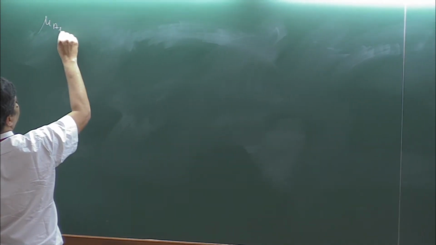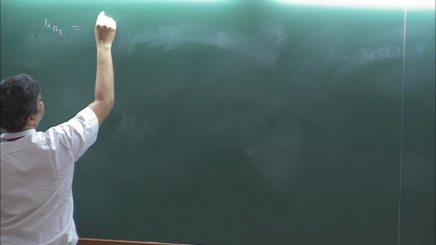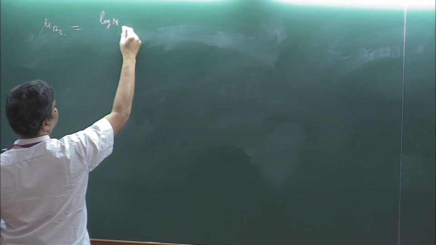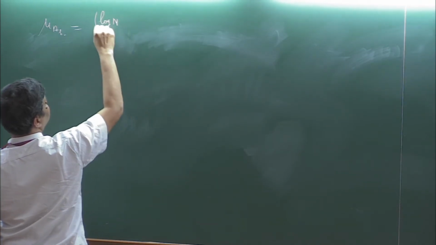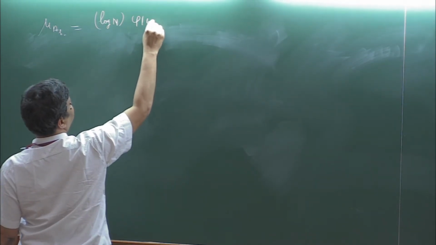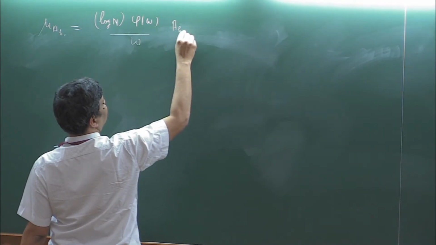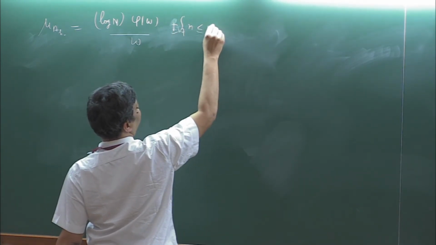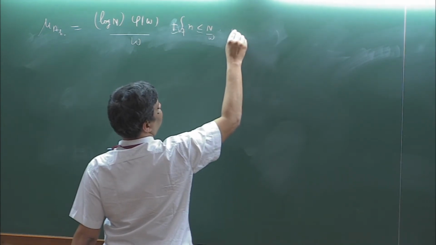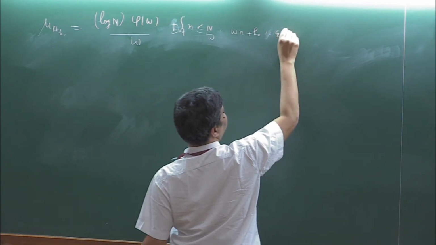The function which we are interested in is this mu_{A,b_0}, which could be rewritten as (φ(W)/W) log n times a_{b_0}, and this a_{b_0} was the indicator function of n less than or equal to N/W such that Wn + b_0 is prime, A belongs to P1.